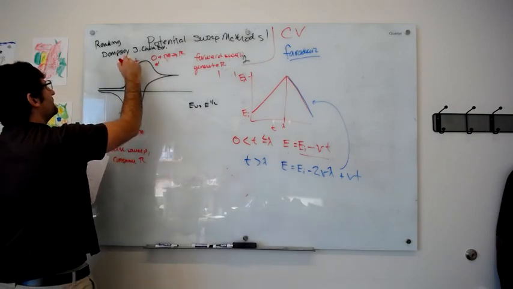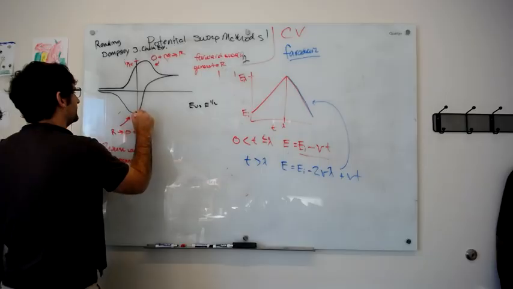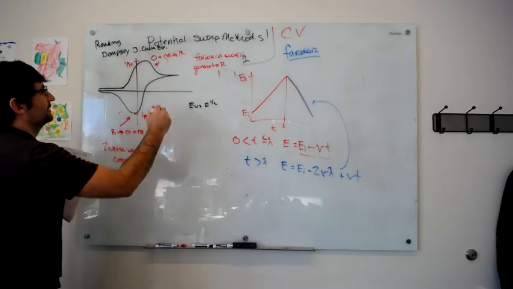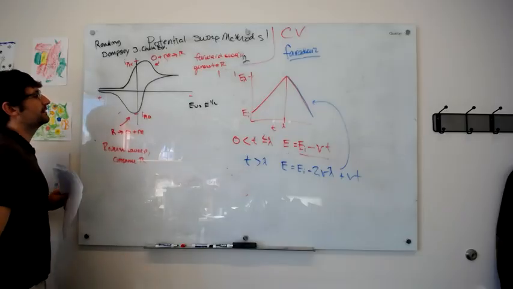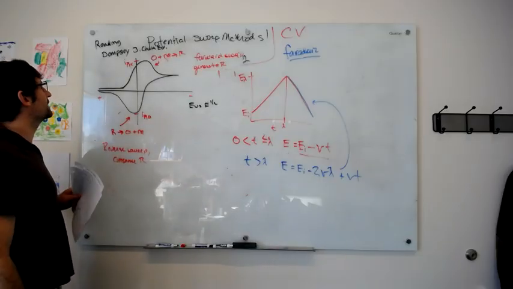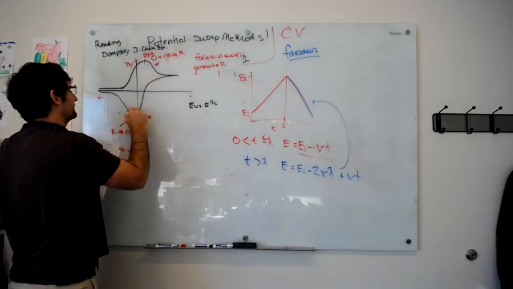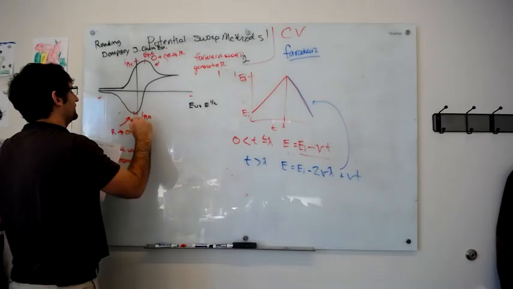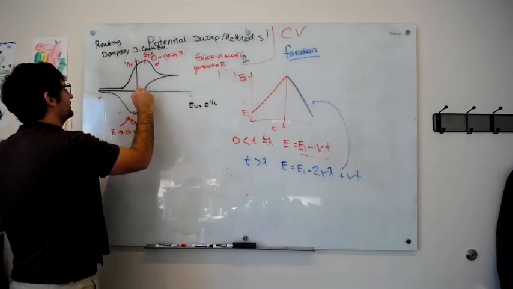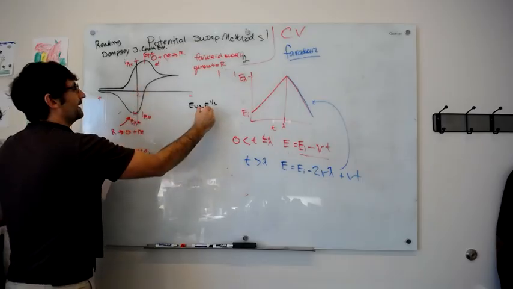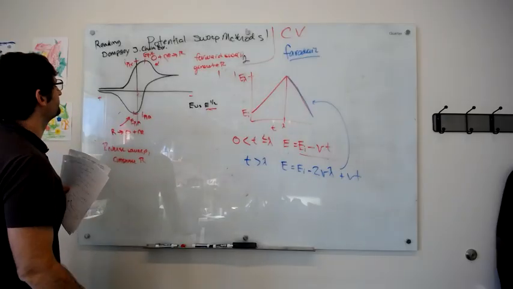We can define some numbers here. So there's I_P cathodic and I_P anodic. In the Bard and Faulkner notation, define E_P cathodic, E_P anodic. Of course, this is E1/2, which is 0 here, right?